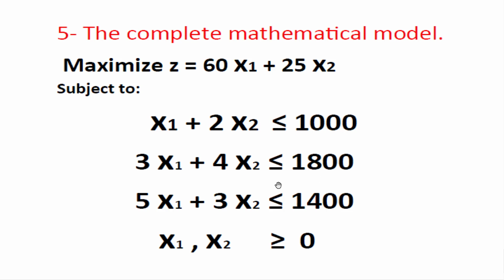And third constraint, 5x1 plus 3x2 less than or equal to 1400. And the non-negativity constraint, x1 and x2 should be greater than or equal to 0.